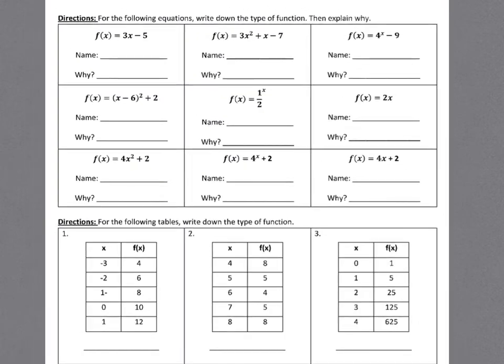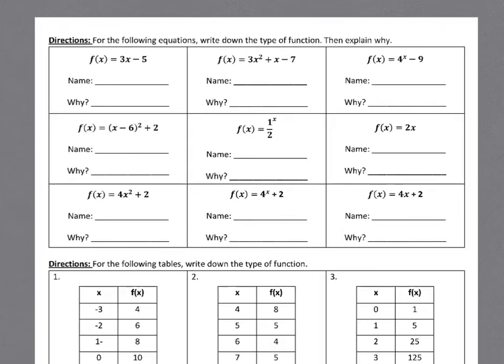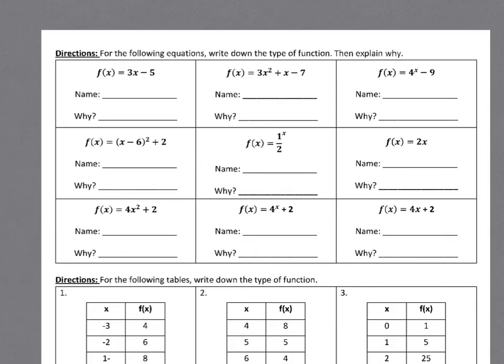All right, I'm not going to do every one of these. What type of function is this? It's linear, right? We know that because the exponent is 1. This one is quadratic. We know at y, the exponent is 2. This one is exponential.